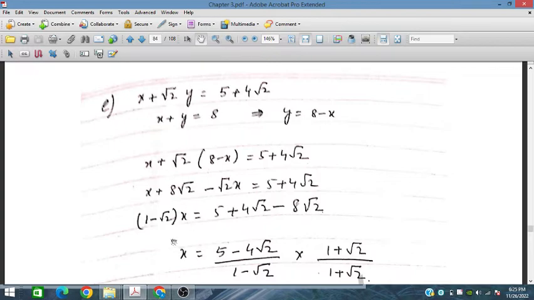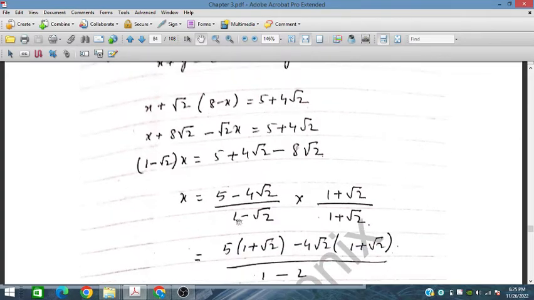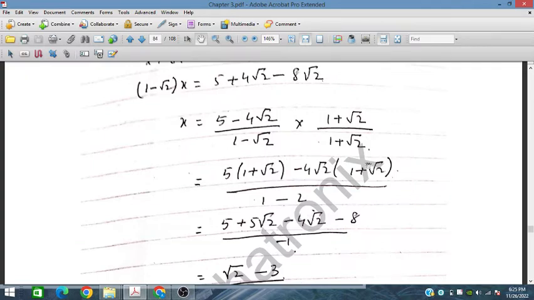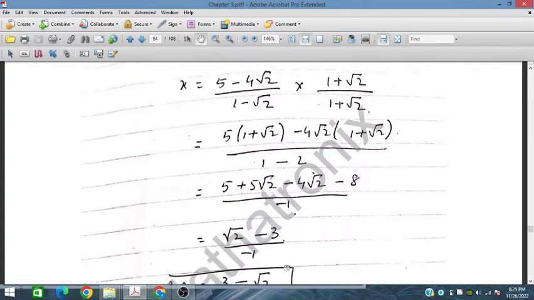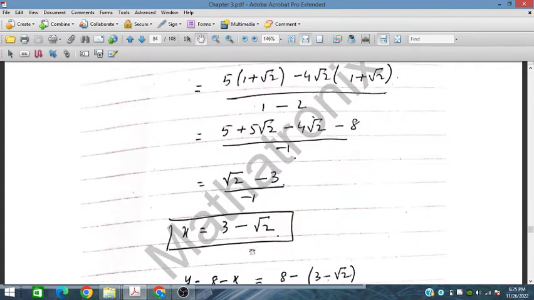This is x times (1 minus under root 2). This is minus 4 under root 2, so 5 minus 4 under root 2 divided by 1 minus under root 2. Make it rationalize in this way. On simplification we have obtained this result: x is 3 minus under root 2.